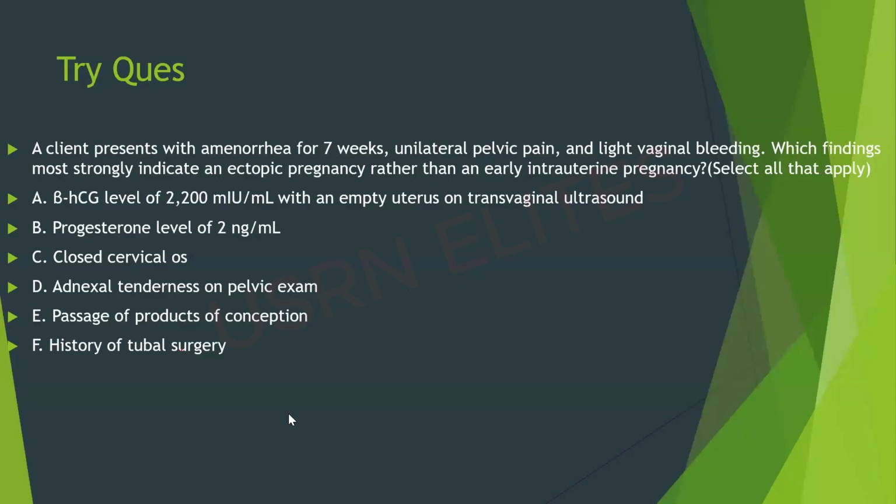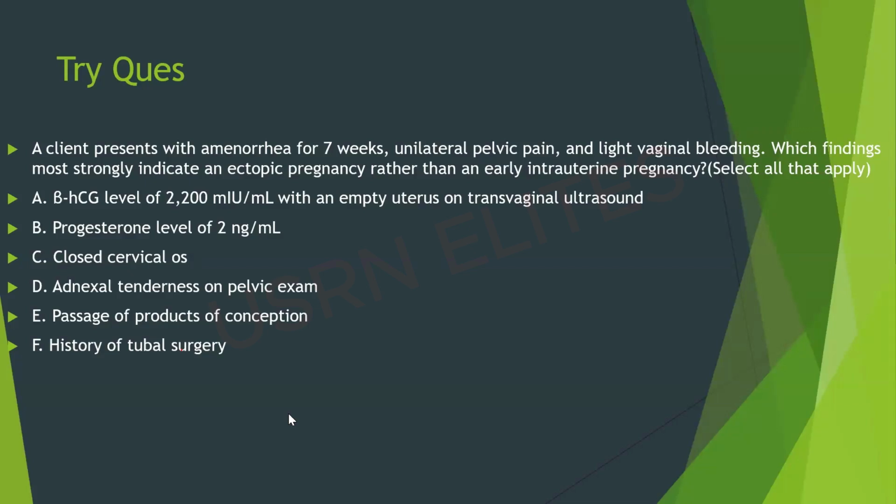All right. A client presents with amenorrhea for 7 weeks, unilateral pelvic pain, and that one is telling you the patient is having what? Ectopic. One-sided, the fetus is just at the right or left.